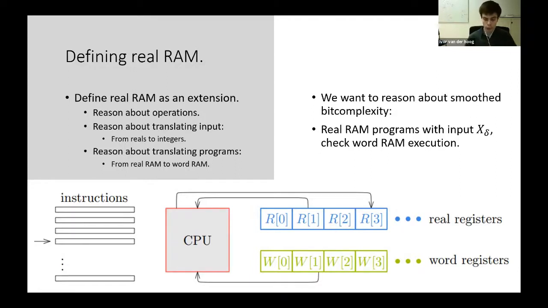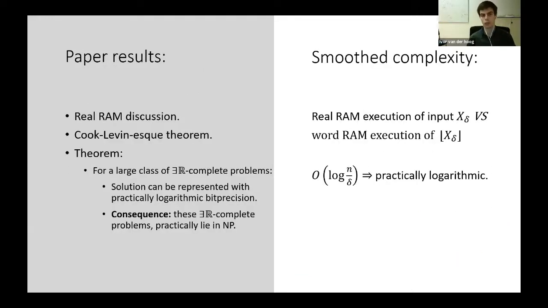But when you do this, and you can see this in the paper and in the longer version, you get the following result. We show that for a very large class of ETR complete problems, their optimal solution can be represented with practically logarithmic bit precision, where practically is defined as: you expect the bit precision needed to be logarithmic in n over delta.